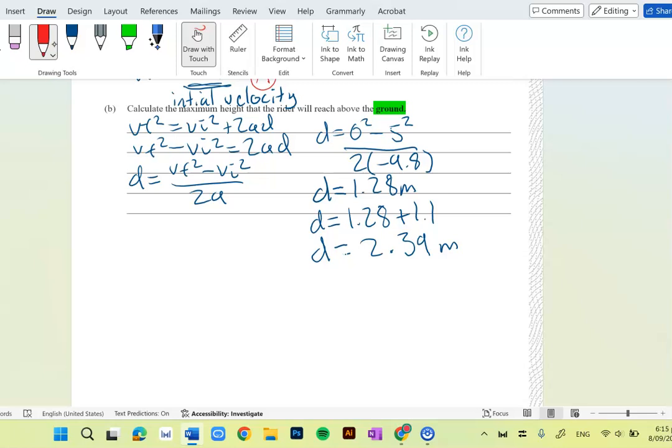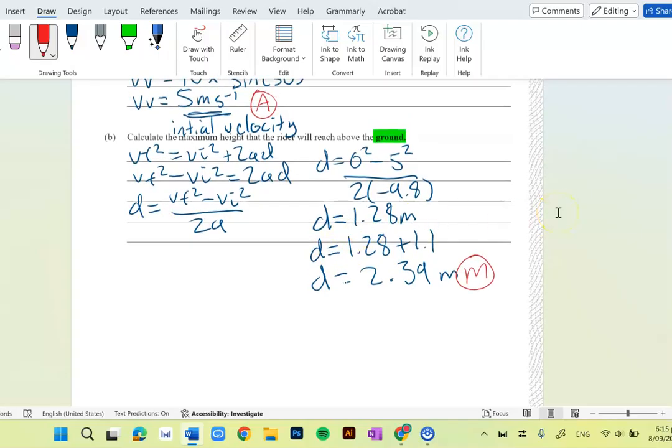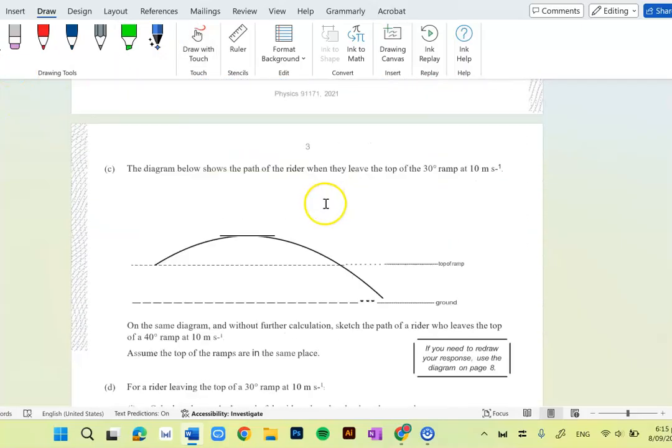Final answer with the 1.1 is a merit. Achieved is you find this 1.28 here. See, even forgetting this little bit here can cost you a whole grade. So let's move on to the next question.